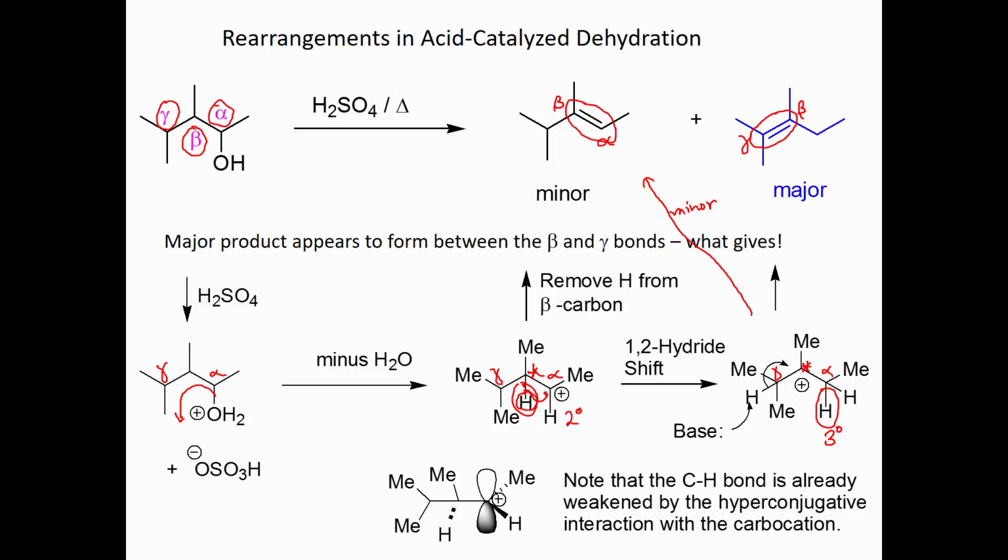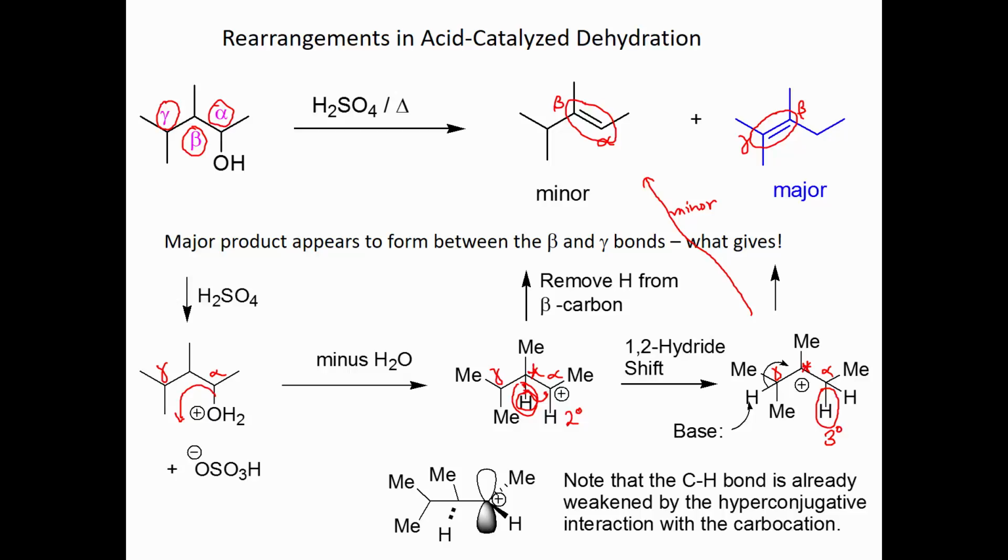So there are actually two pathways for making the minor product. One is identical to the previous mechanism where there's no rearrangement at all, and the other is a competition between elimination to form the tetra-substituted double bond, which you'd expect to be major, over the tri-substituted double bond, which would be minor. Okay.